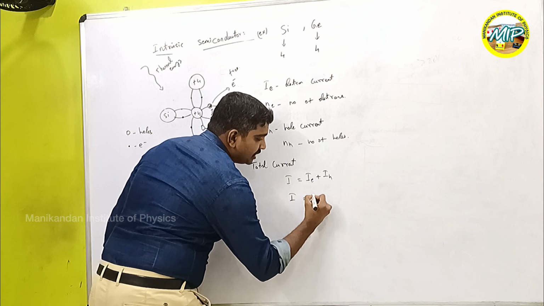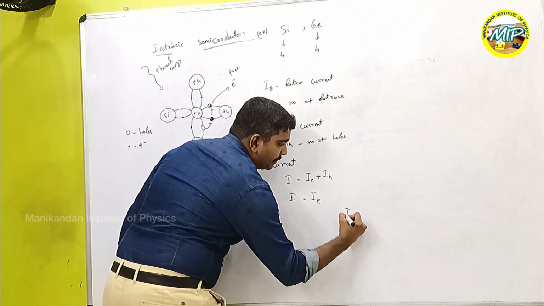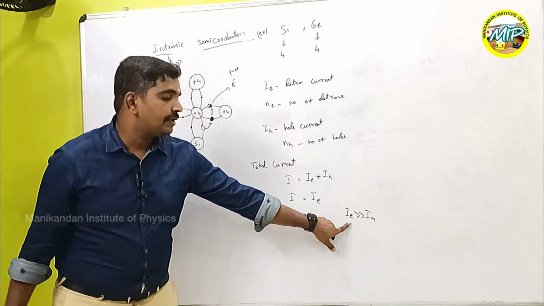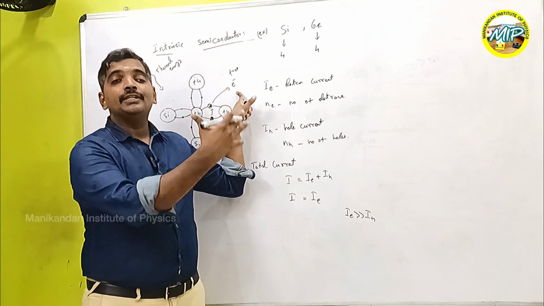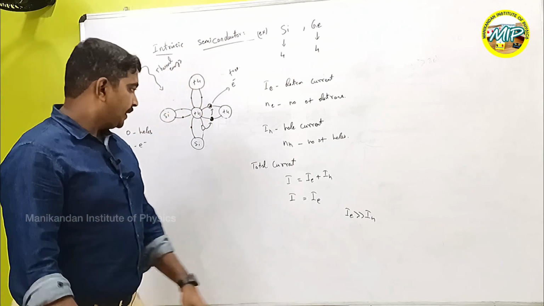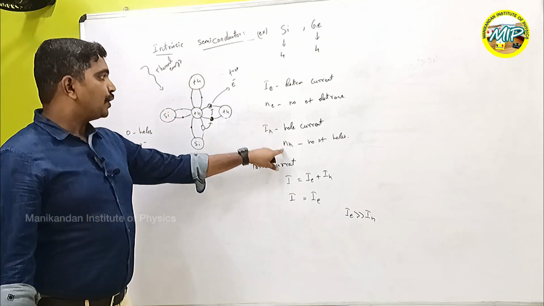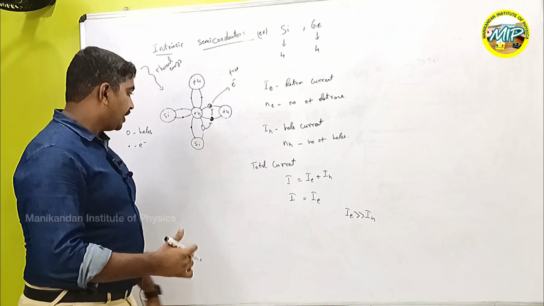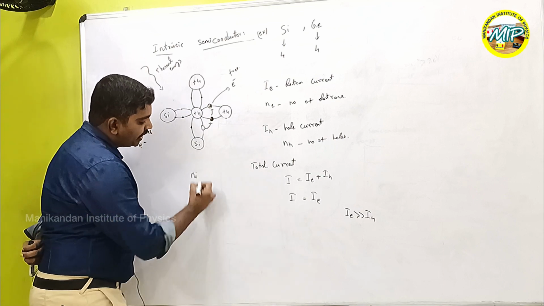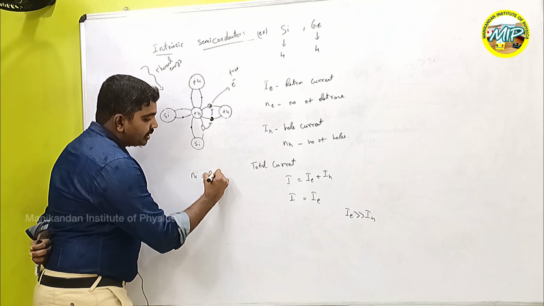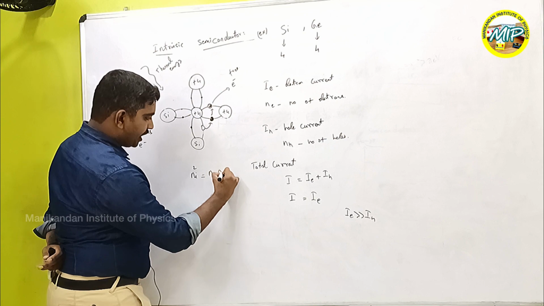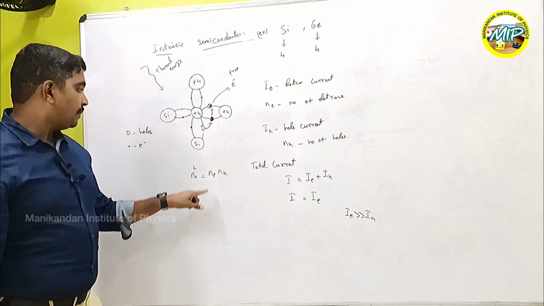But the total current is nearly equal to IE, because IE is very much greater than IH. The electron current is because of the motion of the free electrons, just a drift of the free electrons from one point to another. Now I'm going to write the number of intrinsic carriers: Ni square equals Ne into NH, the number of electrons and number of holes.